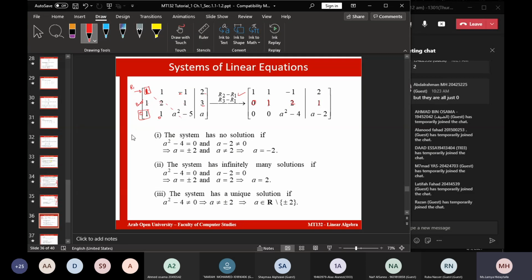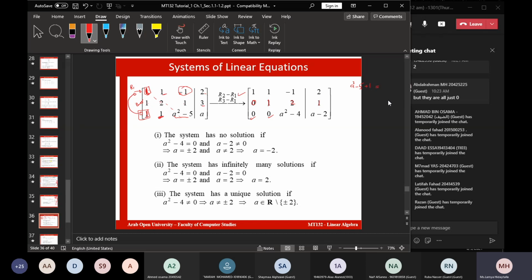Now this one remains, to make it a 0. What will we use? Again, we will use R1. How can I multiply by a number and subtract? Oh, easily, because this is 1 and this is 1. So I will just do subtraction. 1 minus 1 is 0, and then 1 minus 1 also is 0, and then a square minus 5. What I've been doing, I'm subtracting from this one. So minus minus 1 is plus 1.